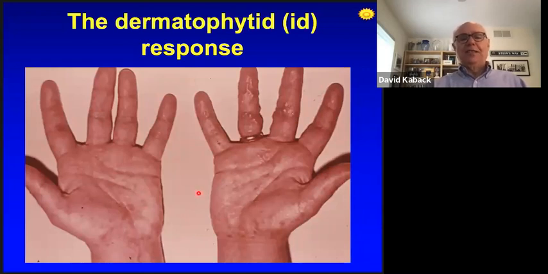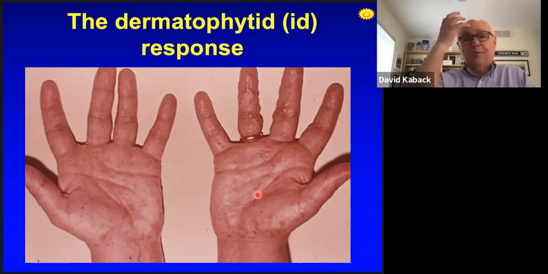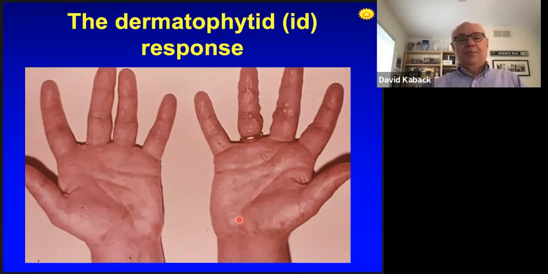Now, the important thing is that there are no fungi in this part. If you were to do a skin scraping, you wouldn't find a fungus. But if you were to see this, you might look elsewhere on the body for a superficial dermatophyte infection, and then do a skin scraping from that, where you might see the evidence that the person has a skin infection.